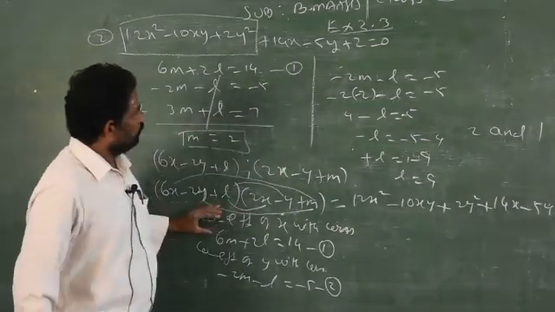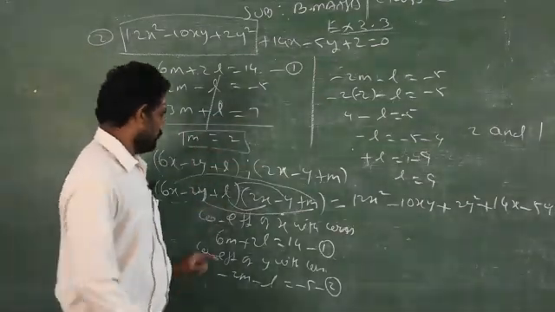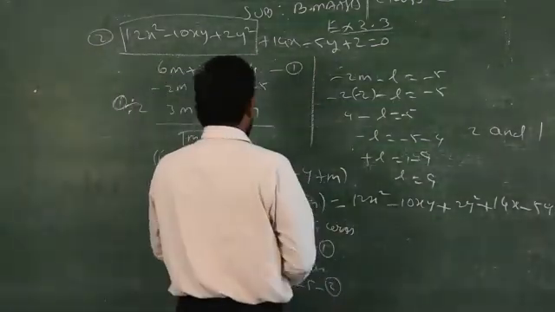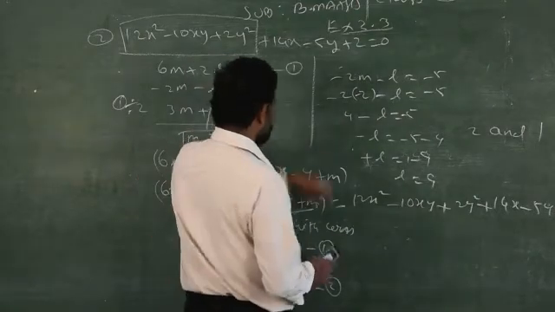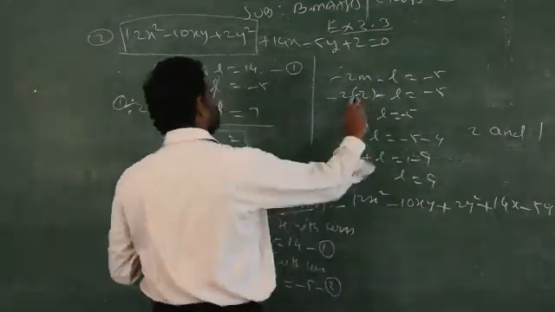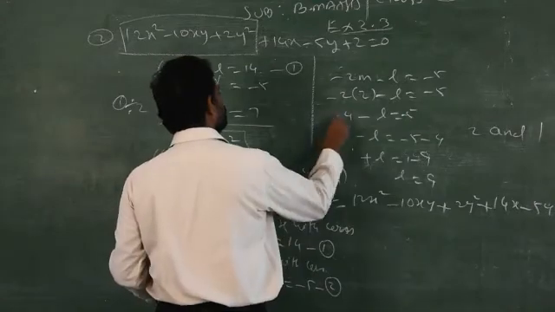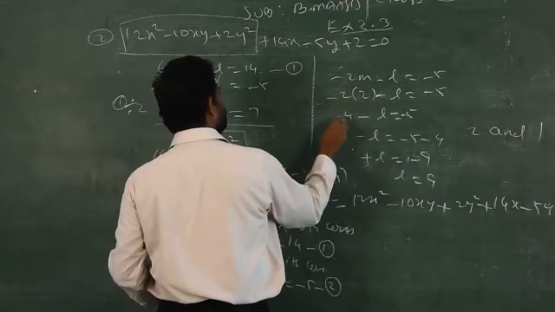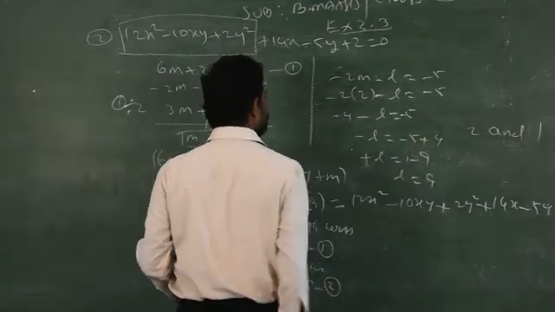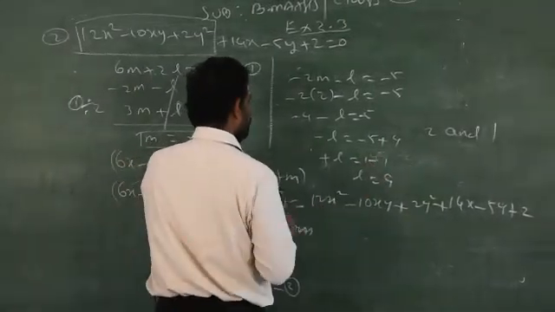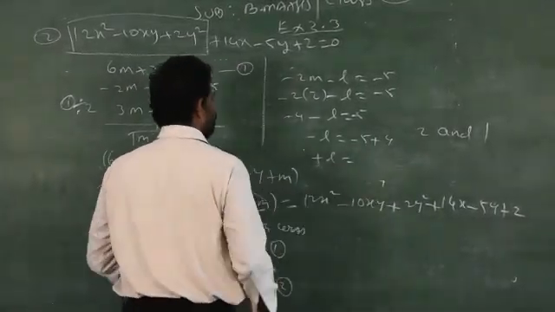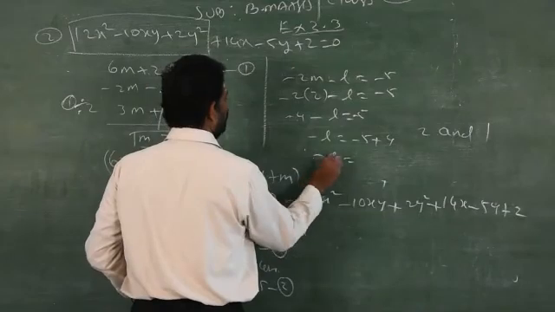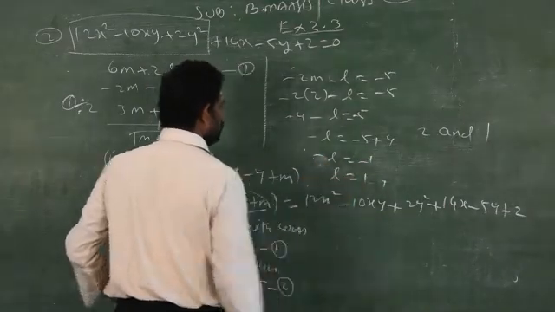Then you take any one of the equations, replace m by 2. See, I made a mistake. Here it is plus 2, but I used minus 2. So minus into minus is plus, but here it should be plus into minus, minus. So plus 1, so you'll get minus l is equal to minus 1, l is equal to 1.